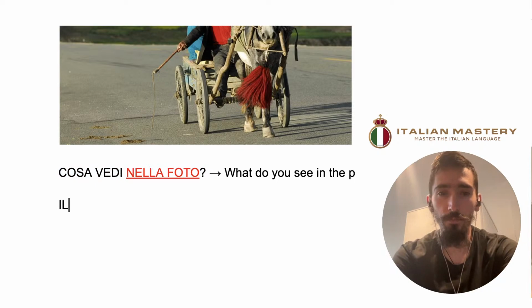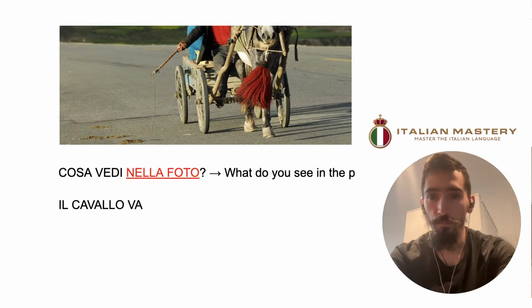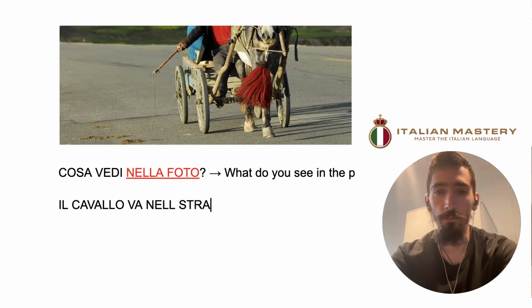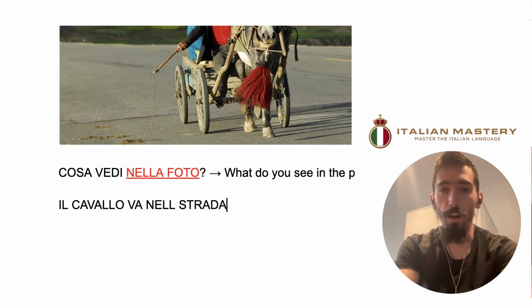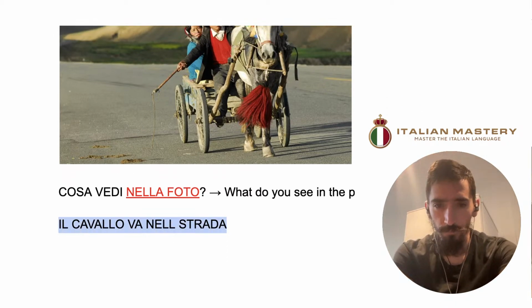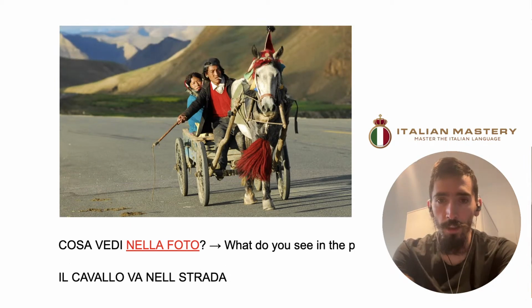We have il cavallo va nella strada. So this is the first example that I'm going to tackle. That's the first example that was posted. Il cavallo va nella strada.